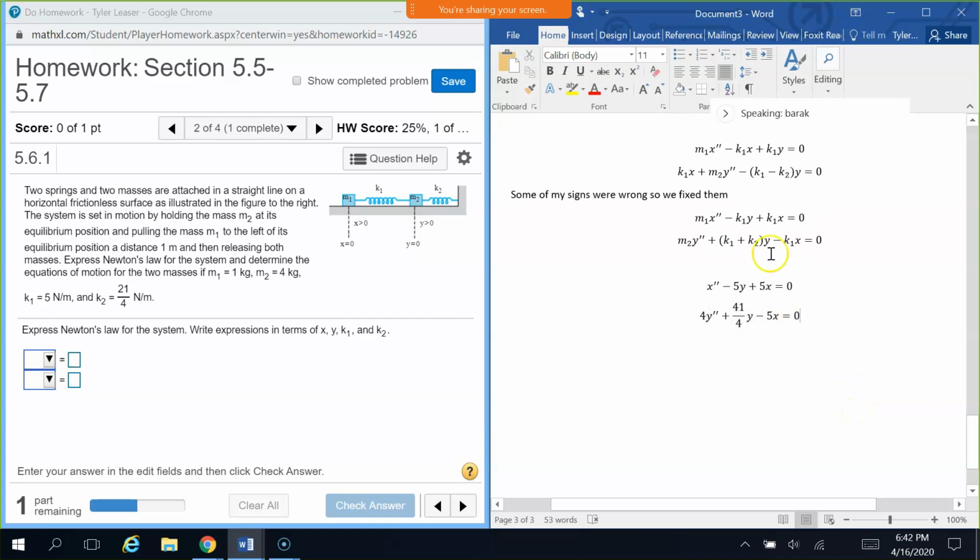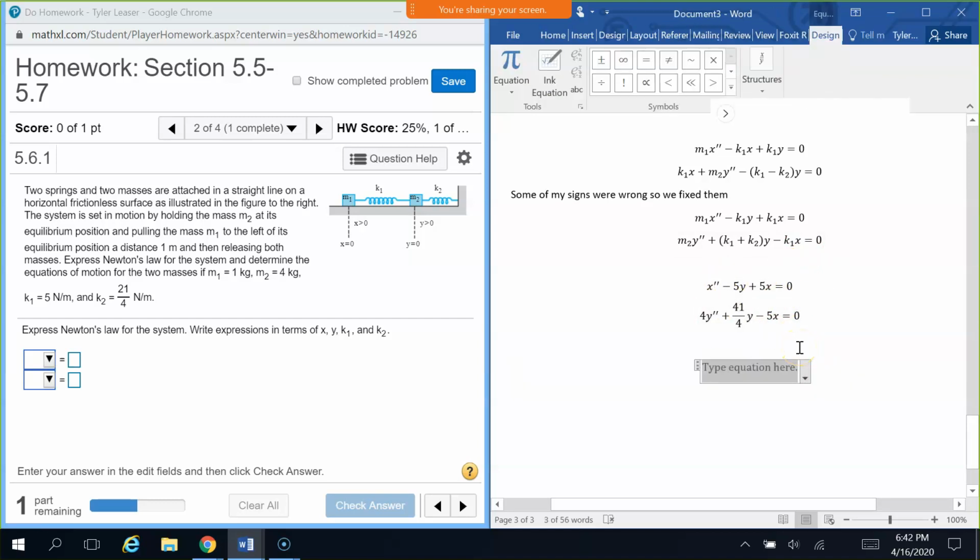From this point, we just solve it the same way we were solving earlier in chapter 5, which is changing over to those differential operators. In my first equation, I have an x double prime, which I'm going to write as D squared applied to x. Oh, my x is in the wrong spot, sorry.